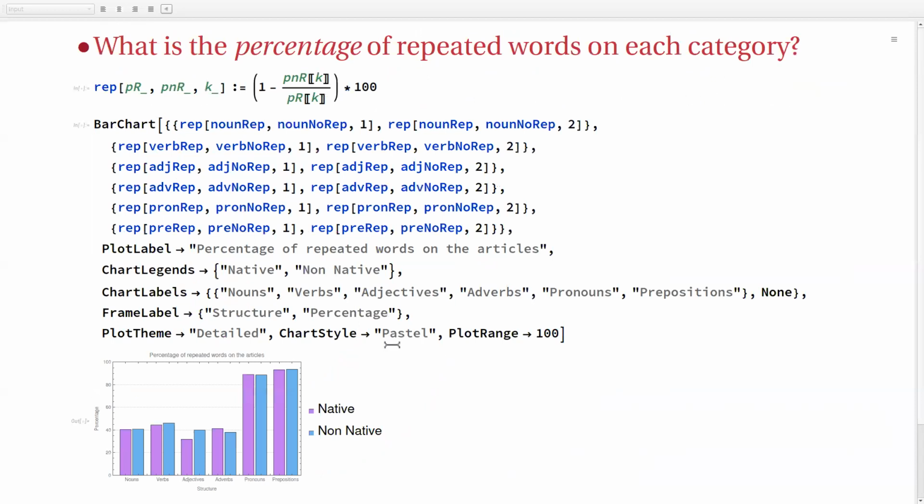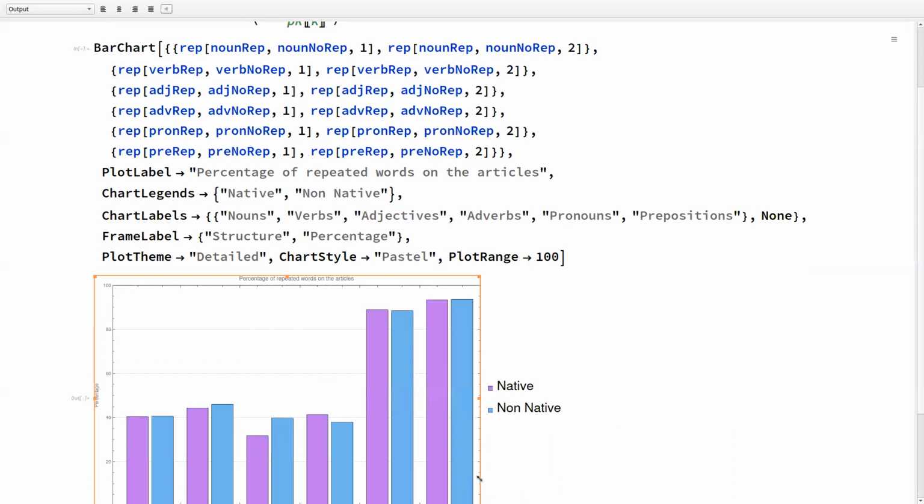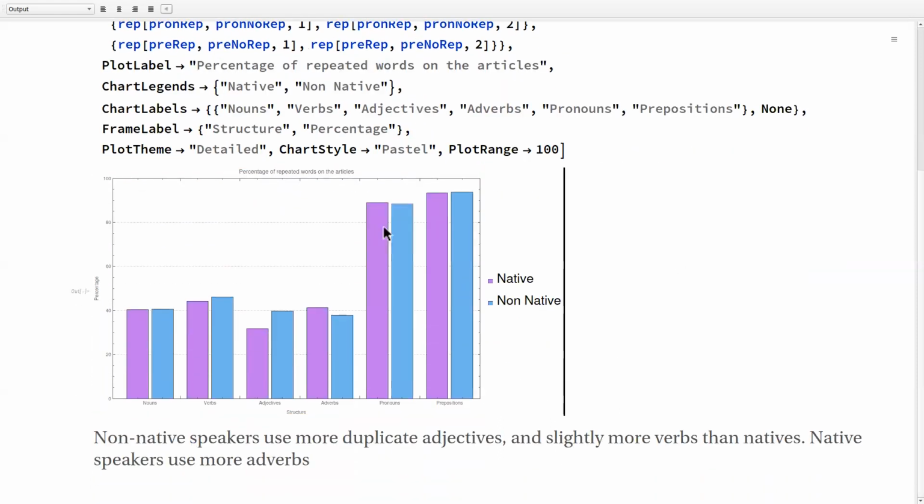What's the percentage of repeated words in each category? So we defined the function rep to get the percentage, and let's make it bigger. Native are in purple, non-native are in blue.